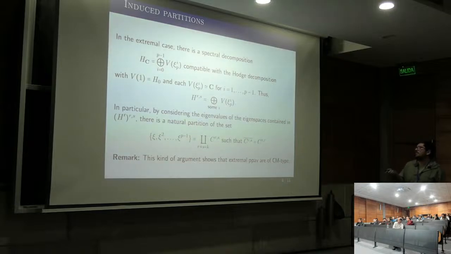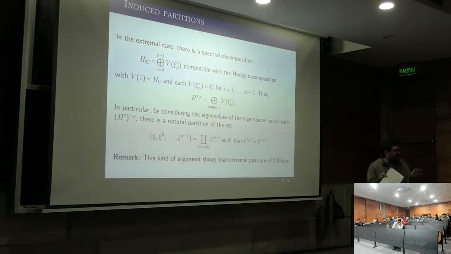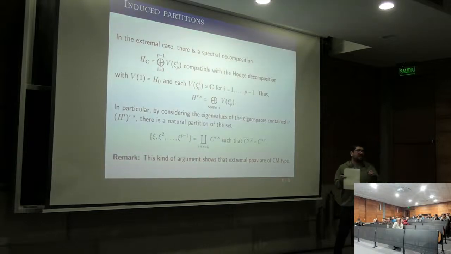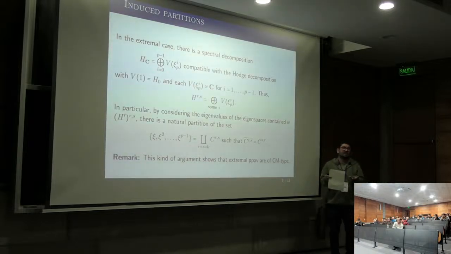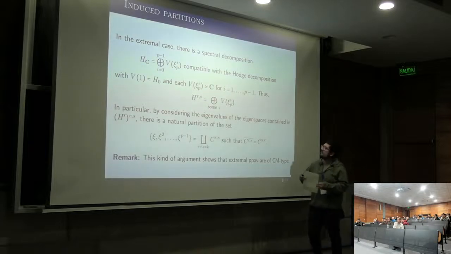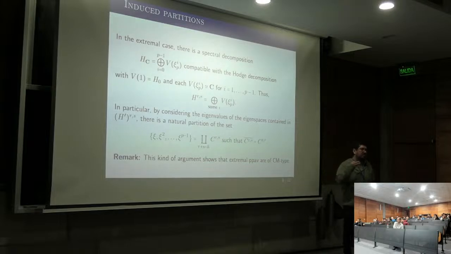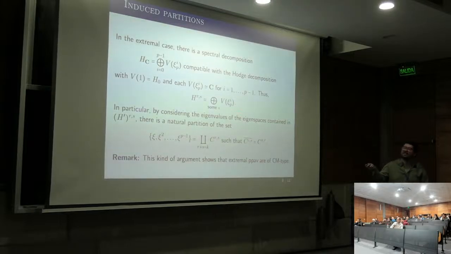And essentially, we observed that in this case, the Hodge structure decomposes as the direct sum of eigenspaces, and each eigenspace is one dimensional. This is kind of the fundamental thing. And moreover, this spectral decomposition is compatible with the Hodge structure. In other words, each of these vector spaces appearing in the Hodge decomposition is also a sum of these eigenspaces.